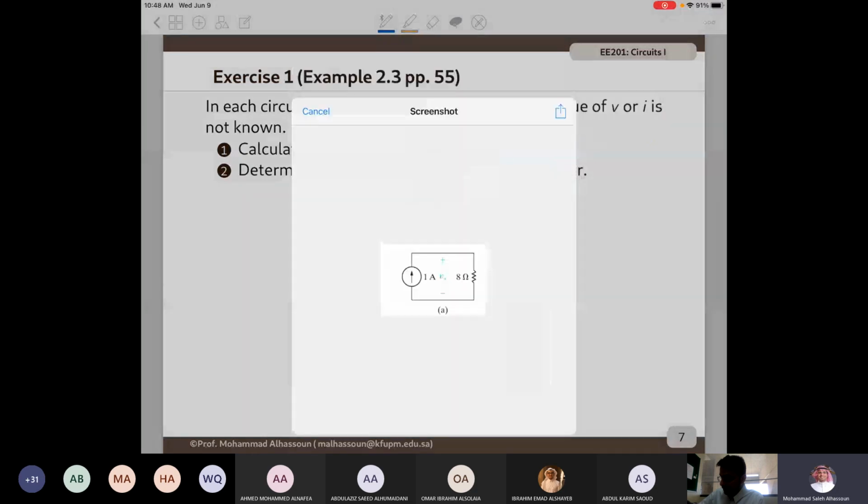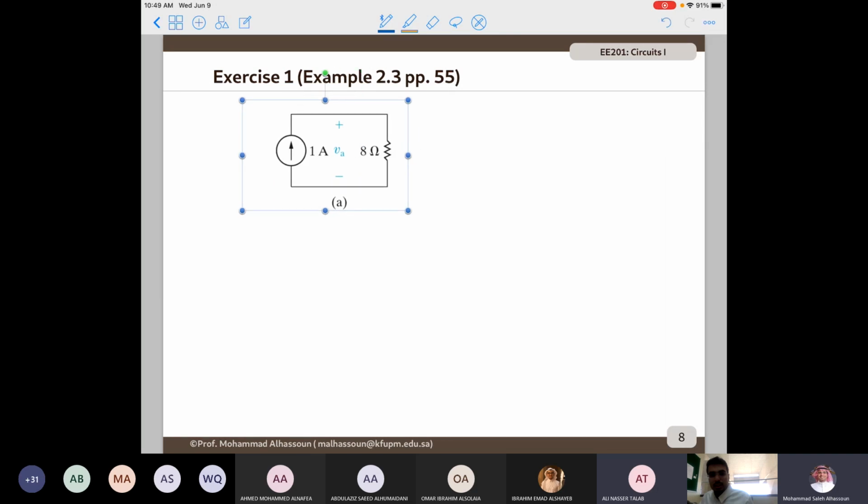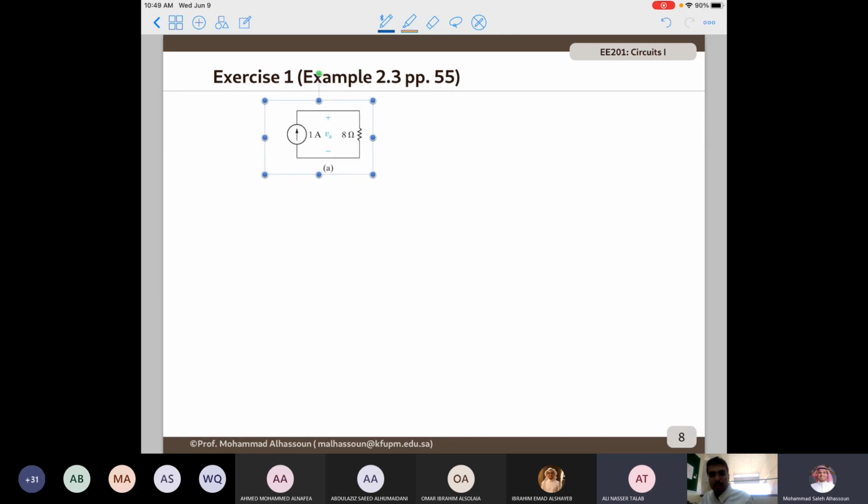For the first one, Ali Talib. Yes, doctor. The current is equal to positive 1 because it is in the direction of the resistance, and the resistance is 8.